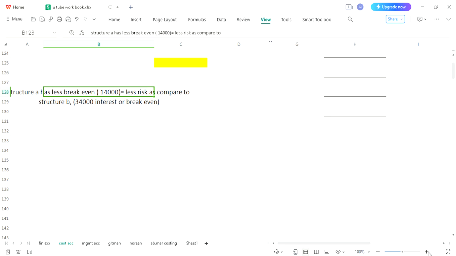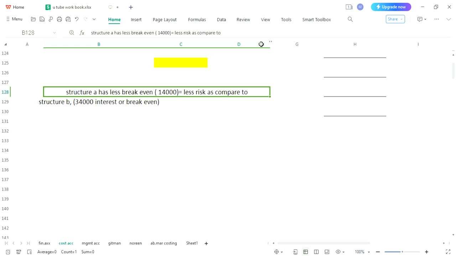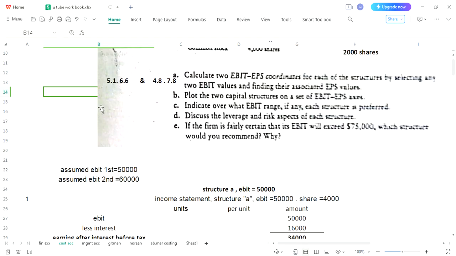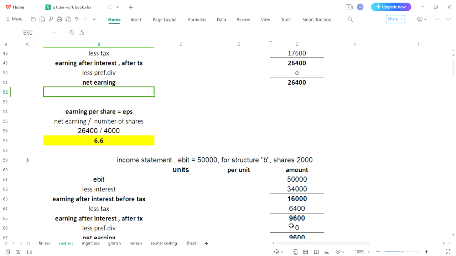What have you done? Let's make it visible to you. This is what we were discussing orally, and now we have written it properly. Structure A has less break even, 14,000. Structure B is having more break even, 34,000. Let's read it down. It was interest 16,000 and 34,000.